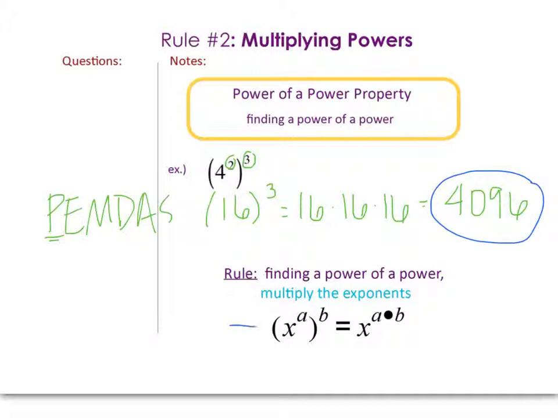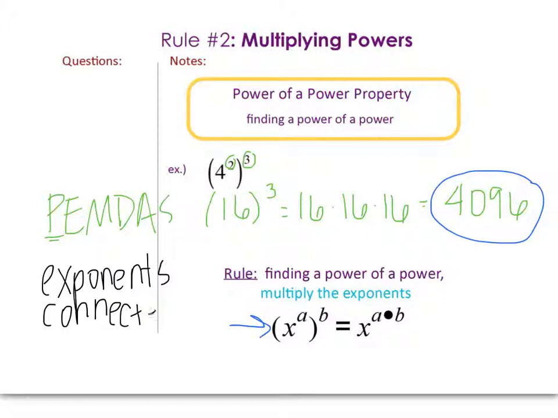But what if I only have variables? What if I only have x's, a's, and b's, or if my bases are all variables? Well, in that case, we have this rule that says if I have exponents connected by parentheses, I multiply.